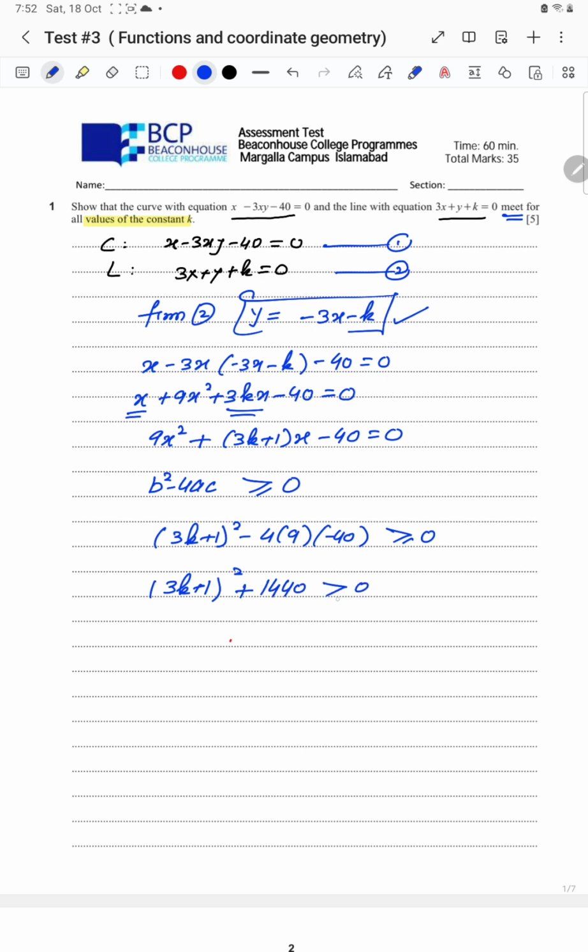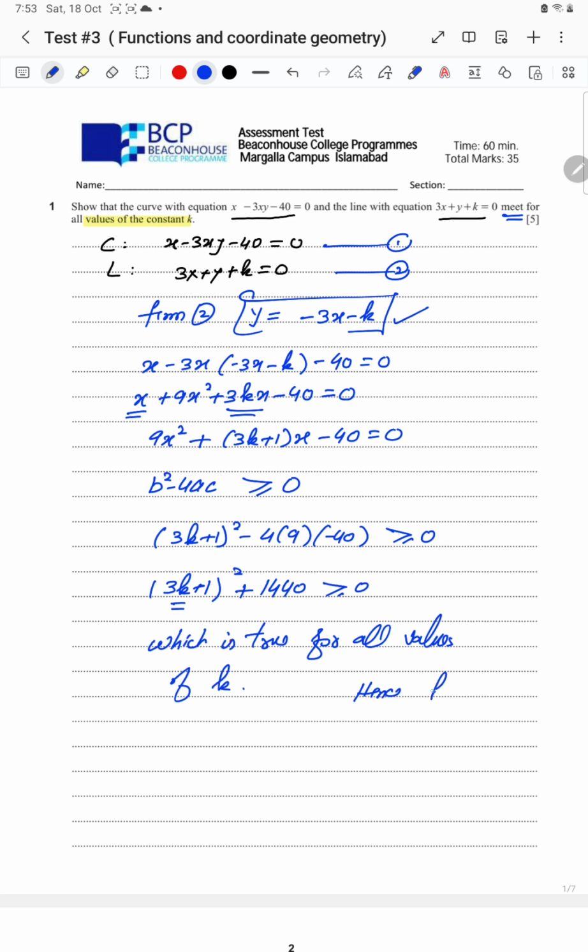So that is true. Meaning for whatever value of k you replace here, no matter if it is negative, positive, rational, or irrational, because of the square you will get a positive result, and your result will always be bigger than 0. So hence this shows it is true for all values of k.